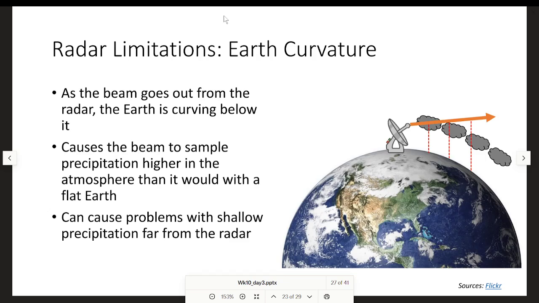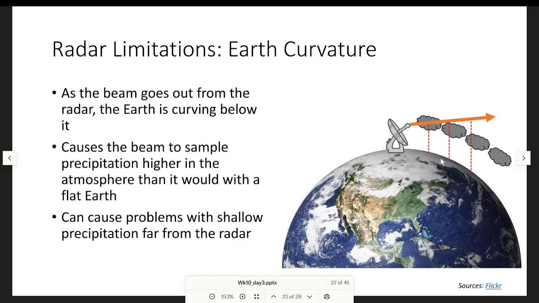As the beam goes out from the radar, the Earth is curving below it, so it causes the beam to sample precipitation higher in the atmosphere than it would with a flat Earth. This causes problems for shallow precipitation far from the radar.